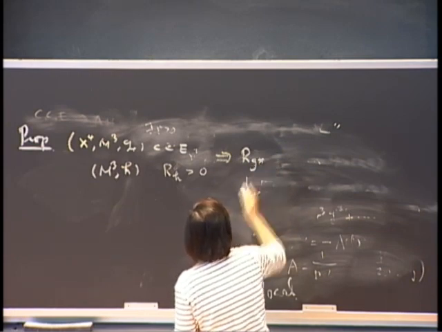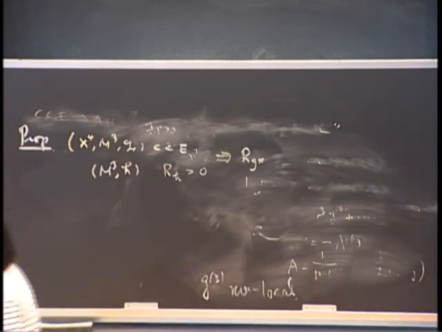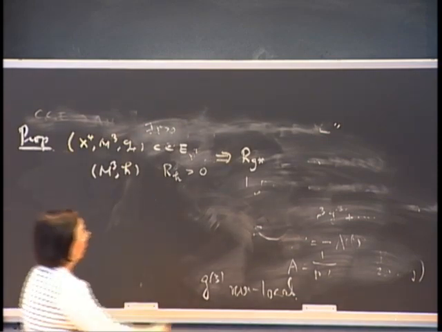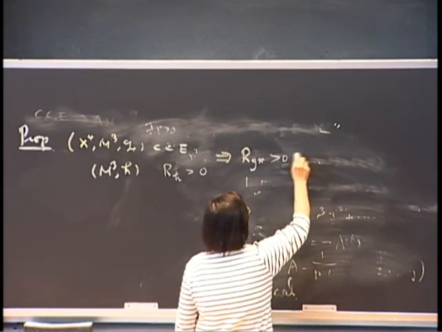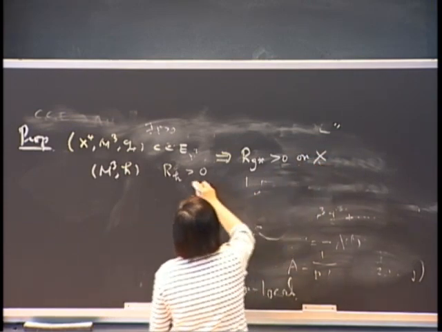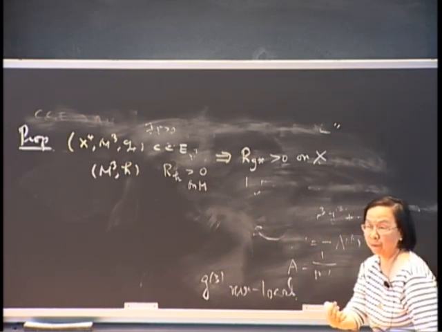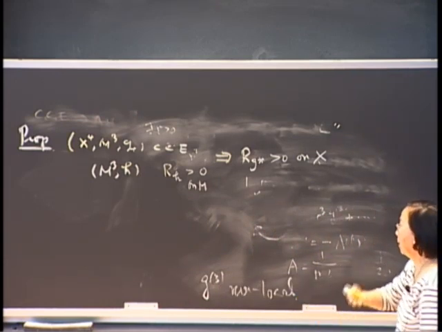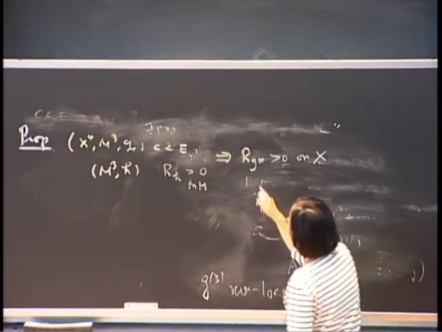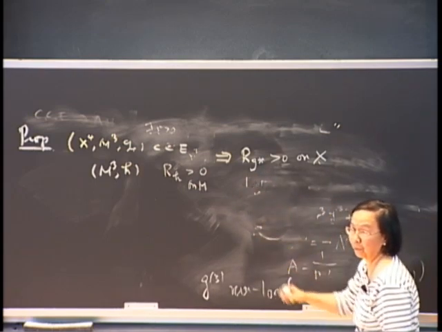the Fefferman-Graham equation is a fourth order equation, and we try to estimate it. We need some second order control, and it turns out in this case, this R_g is positive on X. The boundary positive Yamabe class implies the interior Yamabe class is positive, and one actually has this estimate.